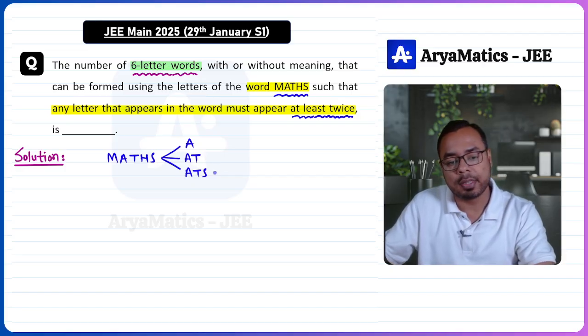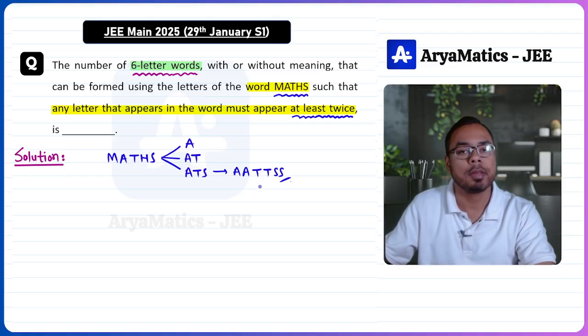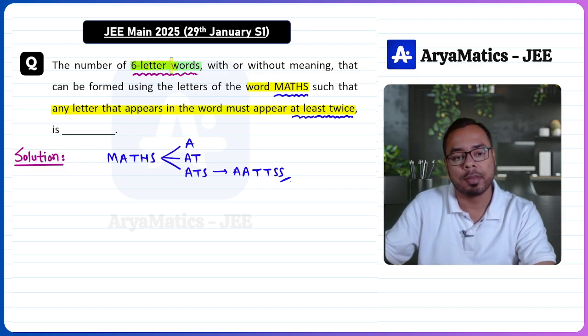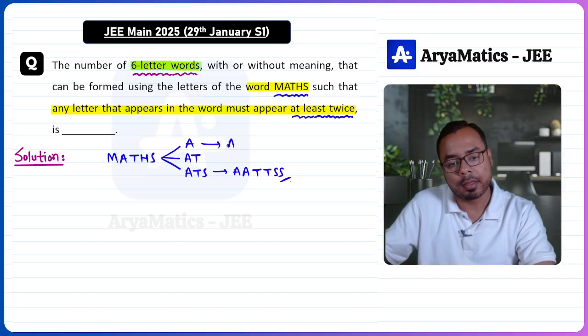For example, if I select these 3 letters, one possibility is that you can create this word, AATTSS, right? Because if I select more than 3 letters, then we cannot use each letter at least twice, because ultimately we have to create only a 6-lettered word. So if I select only one letter, then this is the word that you can create.